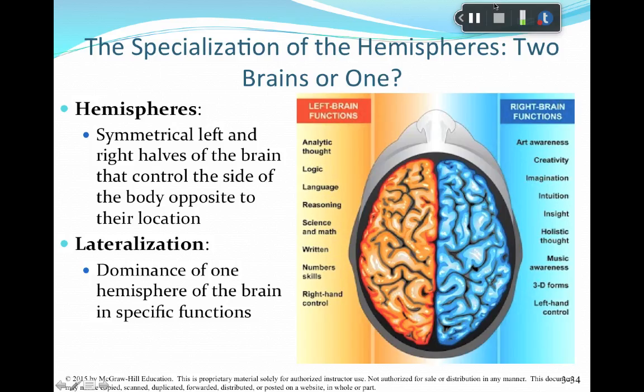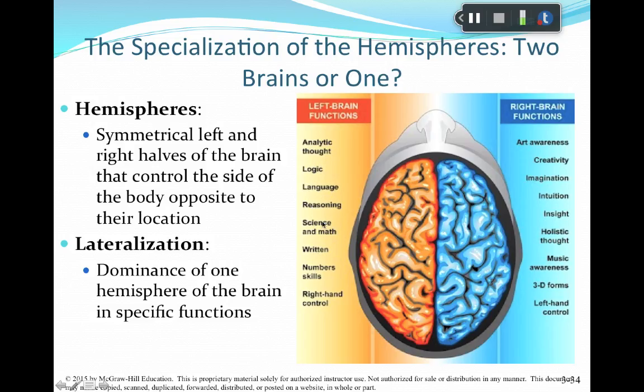So the book talks about split brain, the specialization of the hemispheres. 2 brains are 1. So there are 2 hemispheres. The left and right halves of the brain control the opposite side. Lateralization is the dominance of one hemisphere over the other in specific functions.